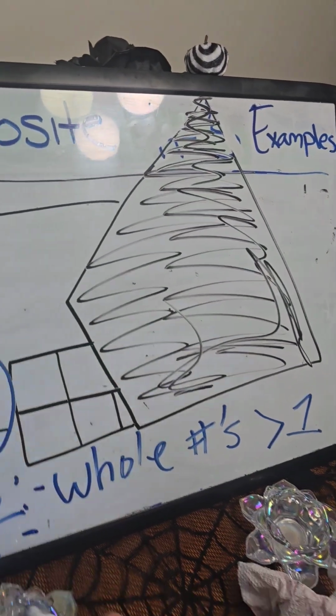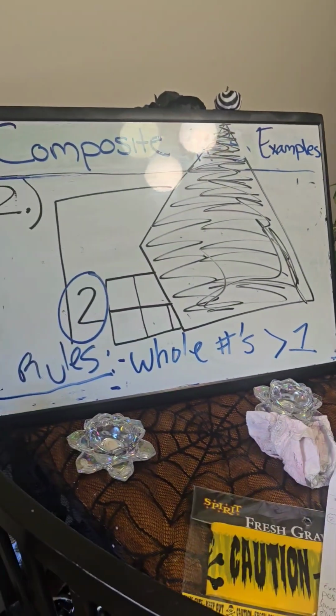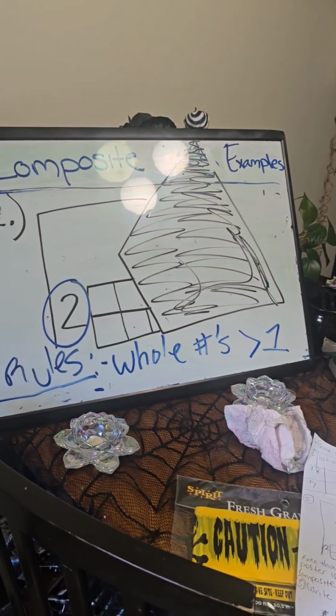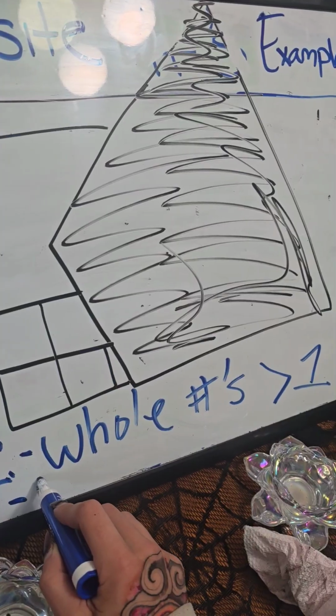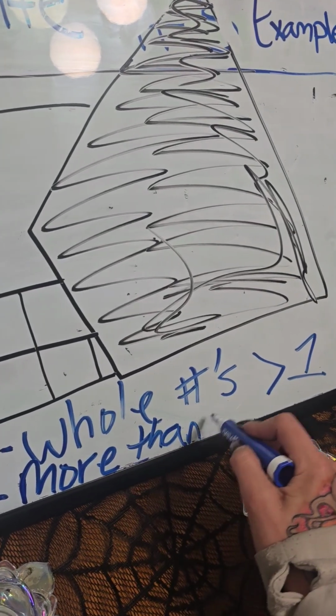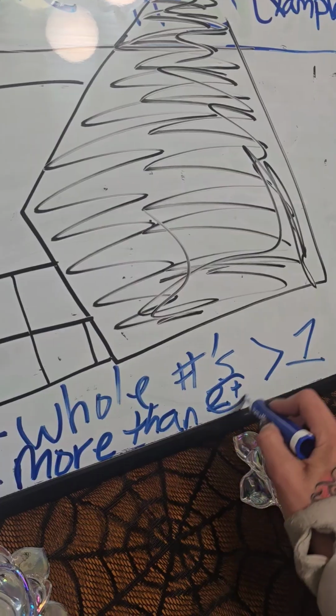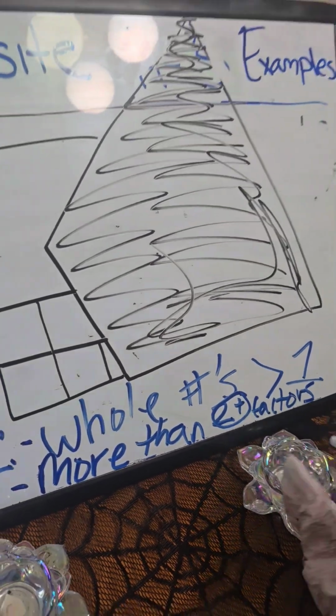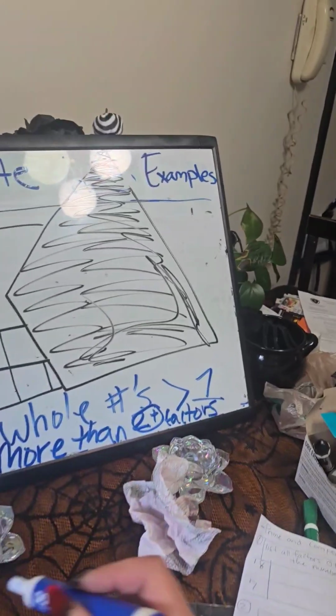What's our rule 2 for composites? This is the only rule that's different than prime. There's more than 2 factors to get the number.